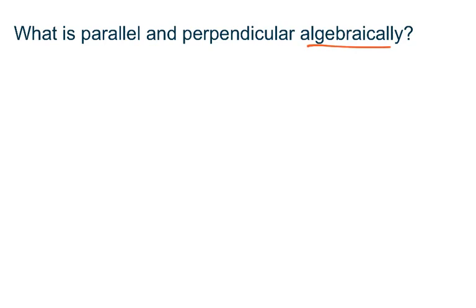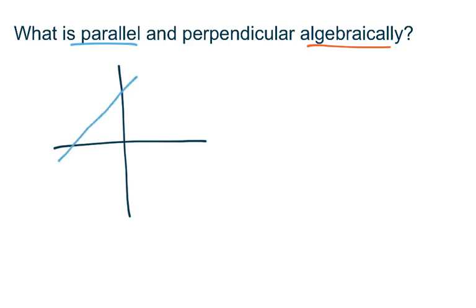Geometrically, if we were to go to a coordinate plane, parallel means that two lines do not intersect. Unfortunately, I can't necessarily draw that, but you get the idea. These two lines would never intersect.